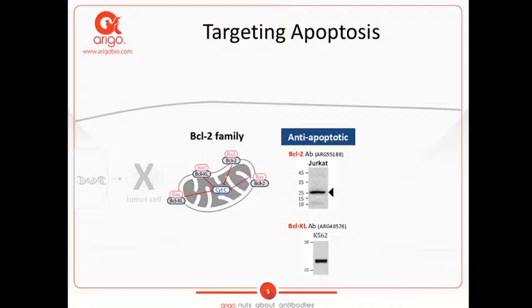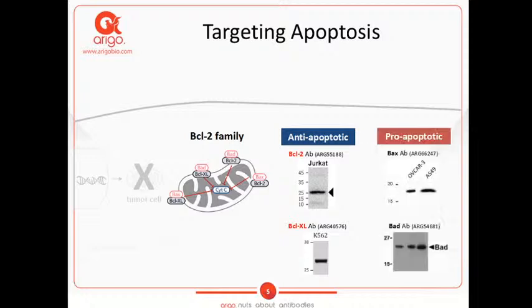The other subclass is the pro-apoptotic proteins, which include the BAX and BAK proteins. These proteins induce apoptosis, so they trigger apoptosis. In tumor cells, many anti-apoptotic proteins are overexpressed.